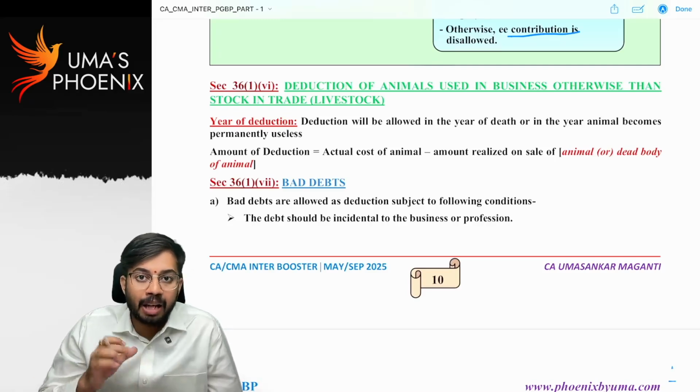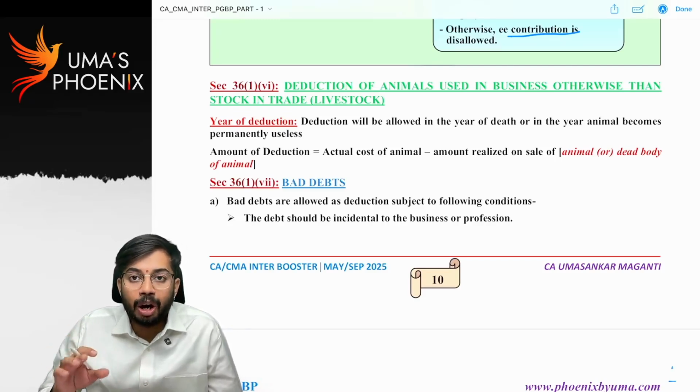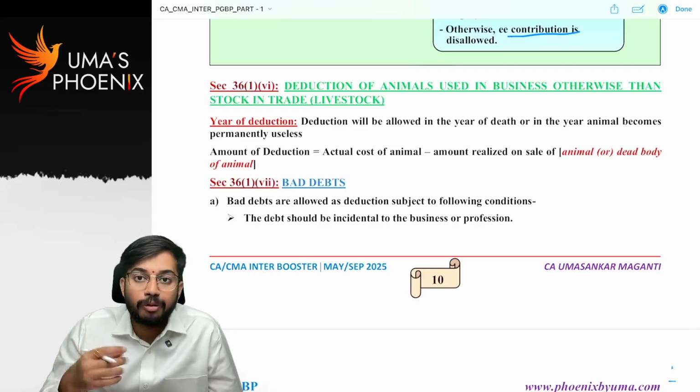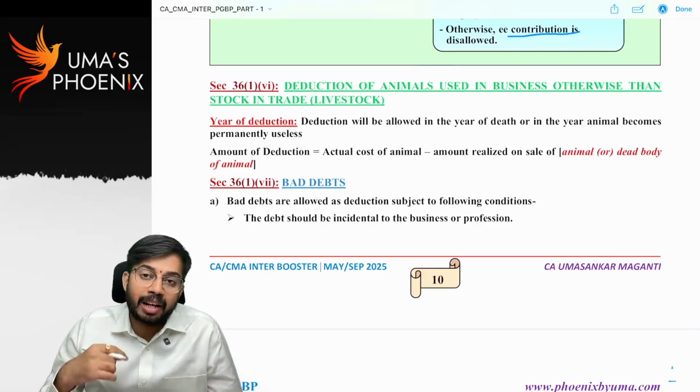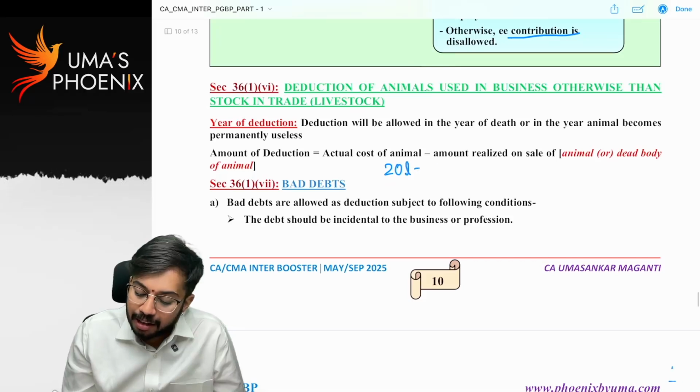Today I purchased horses for 20 lakhs. I will not recognize this expenditure. After 5 years, let's say both the horses died. I sold the horse bodies and I got 40,000 rupees. Now, in the year of death, I will recognize the expenditure. How much is the expenditure? 20 lakhs minus 40,000.